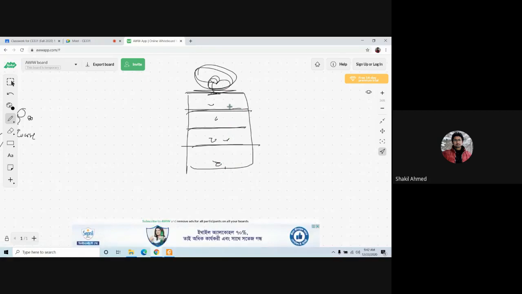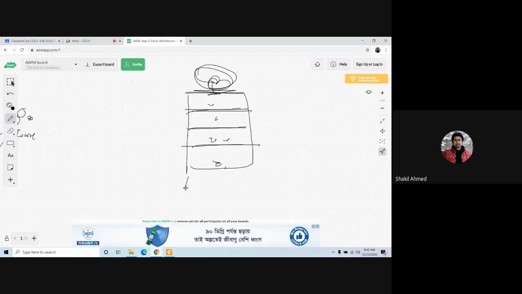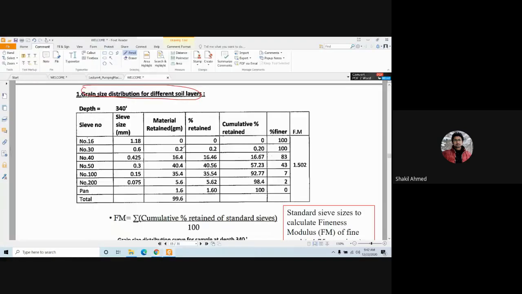This is retained, right? Number 16 has a size of 1.18 millimeter, number 30 is 0.6 millimeter, and similarly the others. Finally, you have the pan at the bottom, where the rest of the material will be stored.